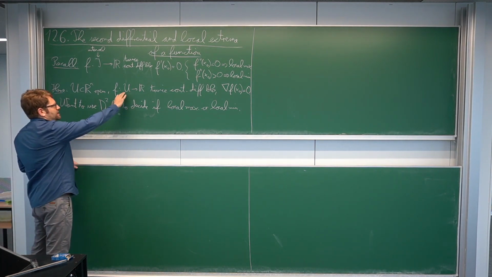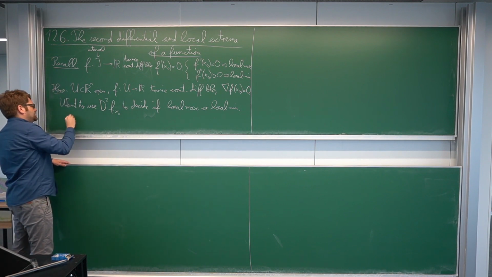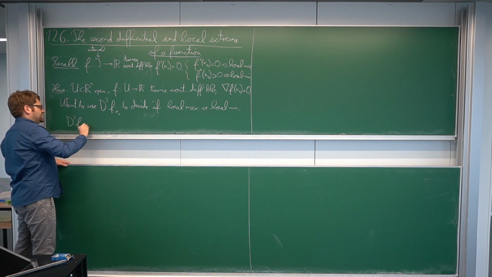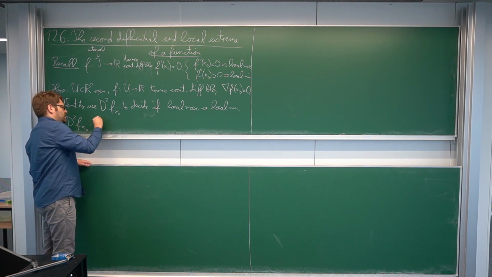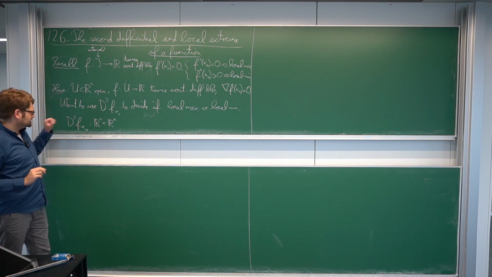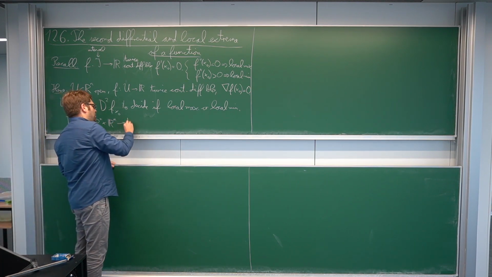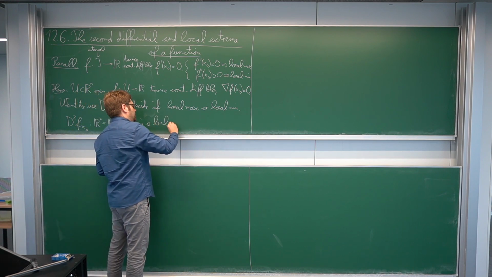In this particular case, between a subset of Rn and R, d2f at x0, the second differential of f at x0, is a map from Rn times Rn, so two vectors as inputs, to R. And we have seen that this is a bilinear form.